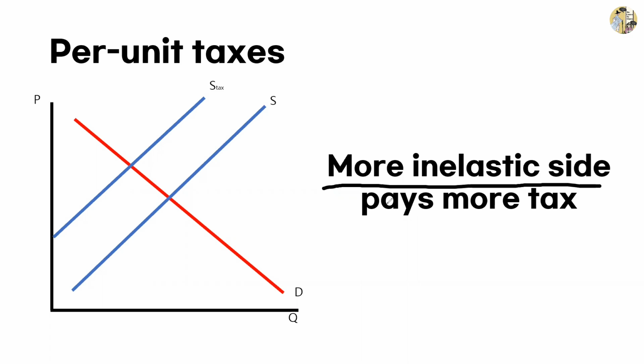We can draw a couple of graphs to find out if it is true or not, but it is actually simple to understand that the more inelastic side pays more tax, because an increase or decrease in price will less likely affect their supply or demand, which means they will still take part of the tax burden whenever the price increases or decreases, because they still have to produce or consume at a similar quantity as before.